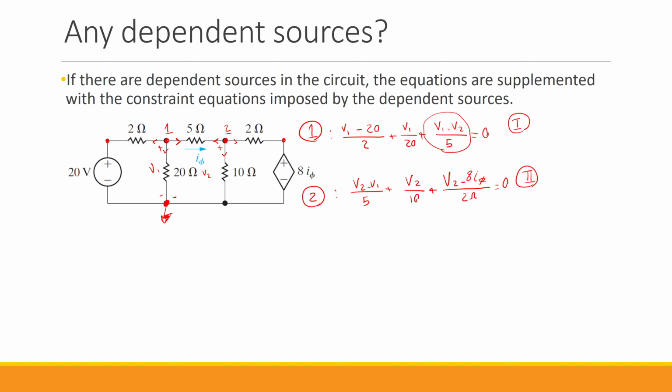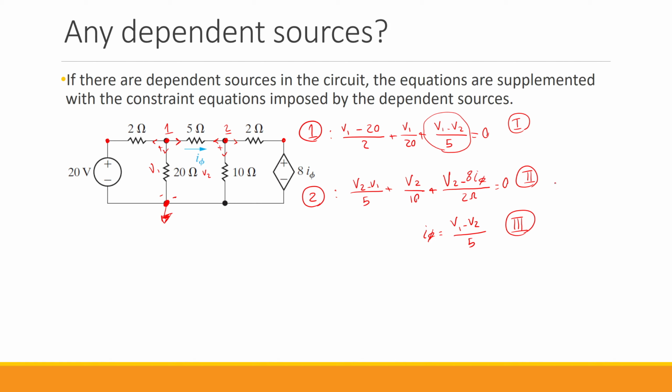We calculated it by writing V1 minus V2 over 5 ohm. So this current is exactly the same as I phi. So we just say I phi equals V1 minus V2 over 5. This is an additional equation that we use to supplement the equations that we had.